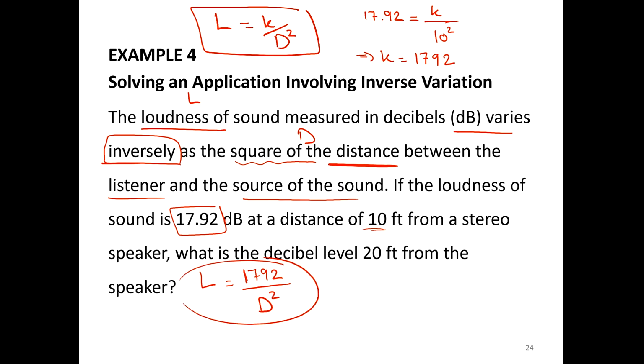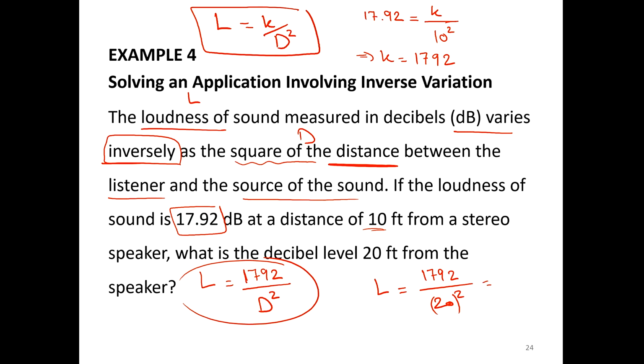Now, what is the decibel level 20 feet from the speaker? We need to find the decibel L with the distance 20 feet. So this is 20 squared. Don't forget this is the square.